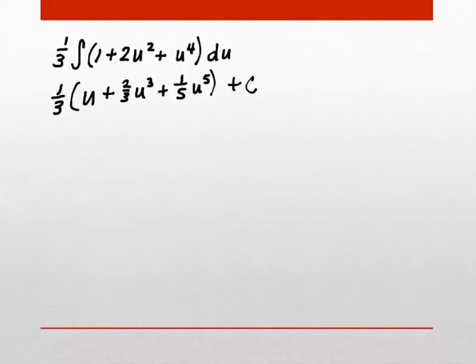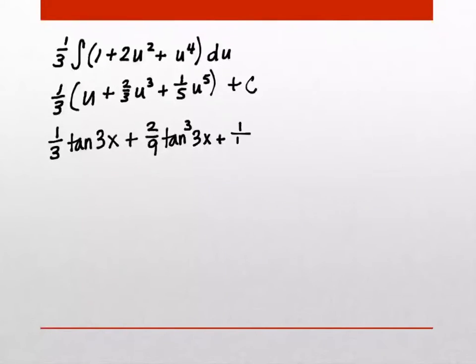It was tangent of 3x, right? So this is 1/3 tangent 3x. I'm going to distribute the 1/3 while I work through it, okay? Plus 2/9 tangent cubed of 3x plus 1/15 tangent to the fifth of 3x plus c.